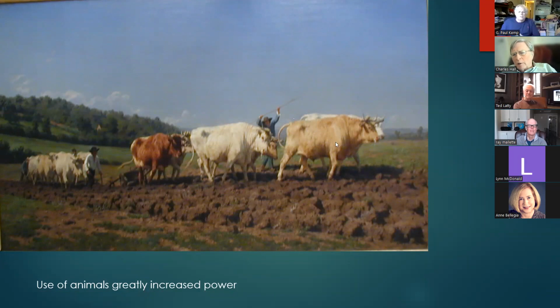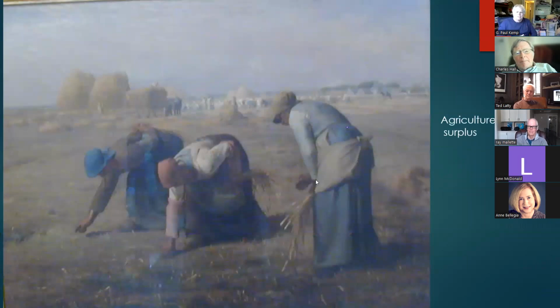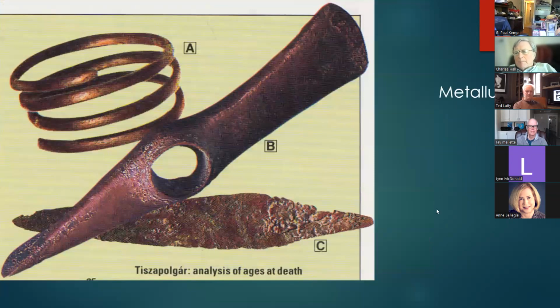But look at the power that this increased relative to one human, by having these large, magnificent animals pull a plow. And this generated agricultural surplus, and some famous paintings, these are the gleaners. This is called The Gleaners: even after the harvest, there's enough left over to support people.